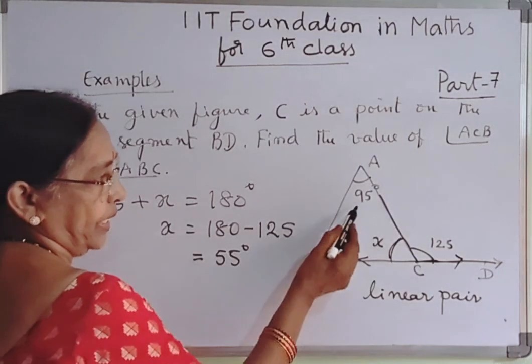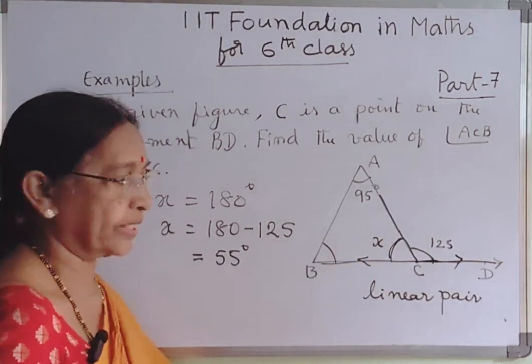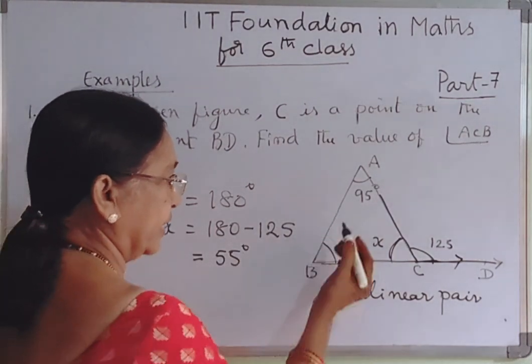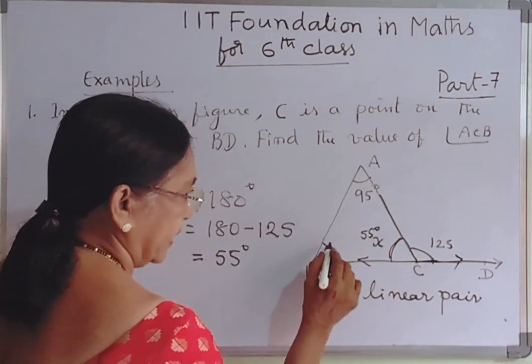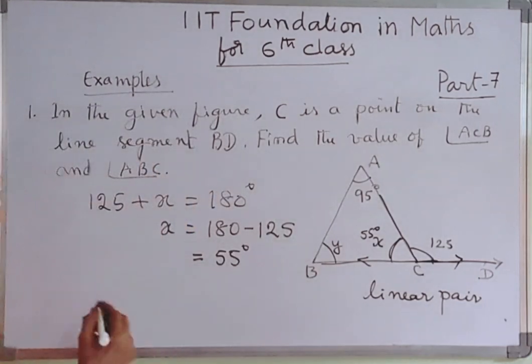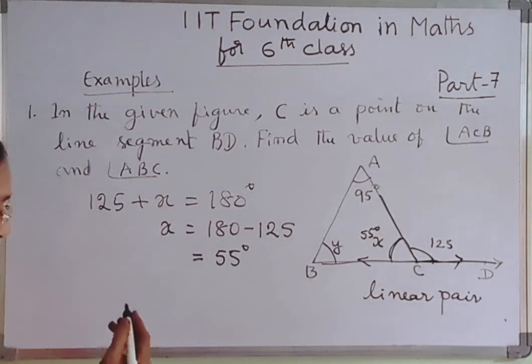Again, we know that the sum of the three angles in a triangle is 180 degrees. Therefore, 95 and this is 55 degrees plus let this be y. So, sum of the angles in a triangle is 180.